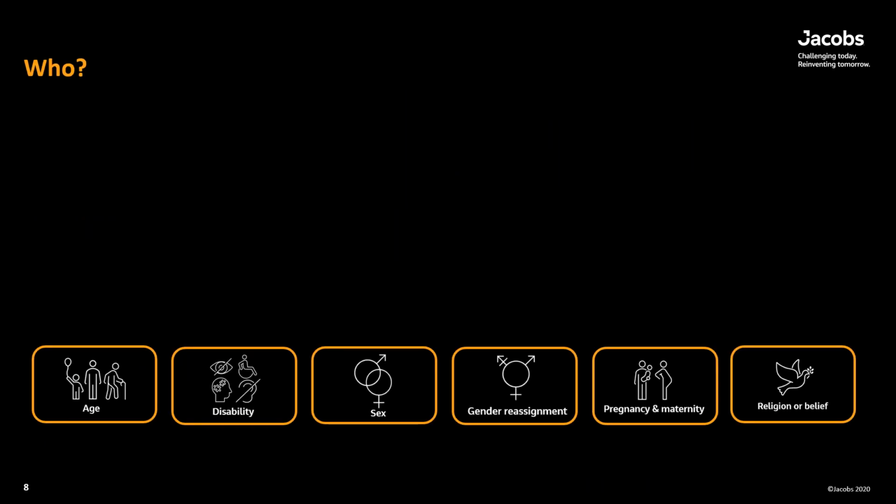And one really important element of inclusive design is the who piece. So years ago, 15 years ago, I'd have been talking to you about access for disabled people. However, access for disabled people or accessibility is a very different discipline to inclusive design. So firstly, I'm going to go into age.